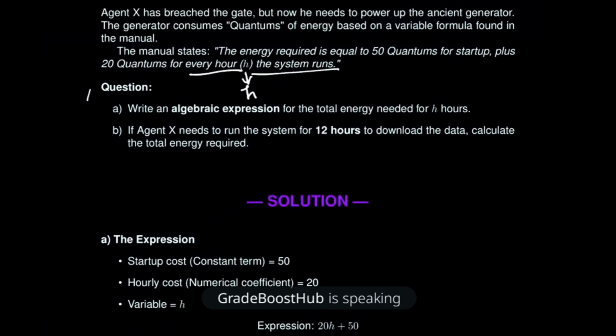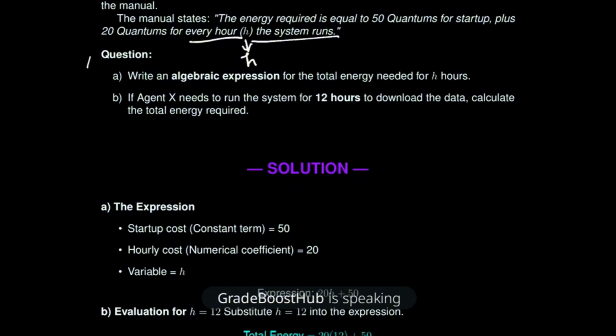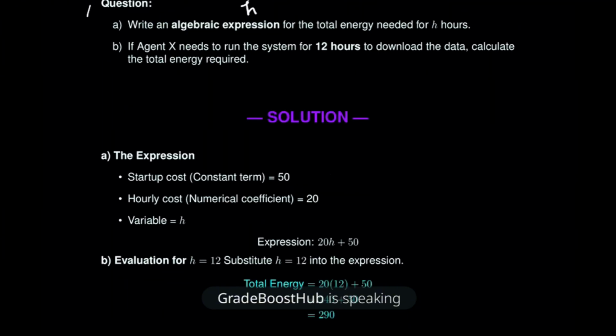So for question A, we need to write an algebraic expression for the total energy needed for H number of hours. The startup is fixed, that is, it will be started one time, so that will be 50 quantums. Now, the hourly cost will depend solely upon the number of hours we use. So how much does 1 hour cost? 1 hour costs 20.